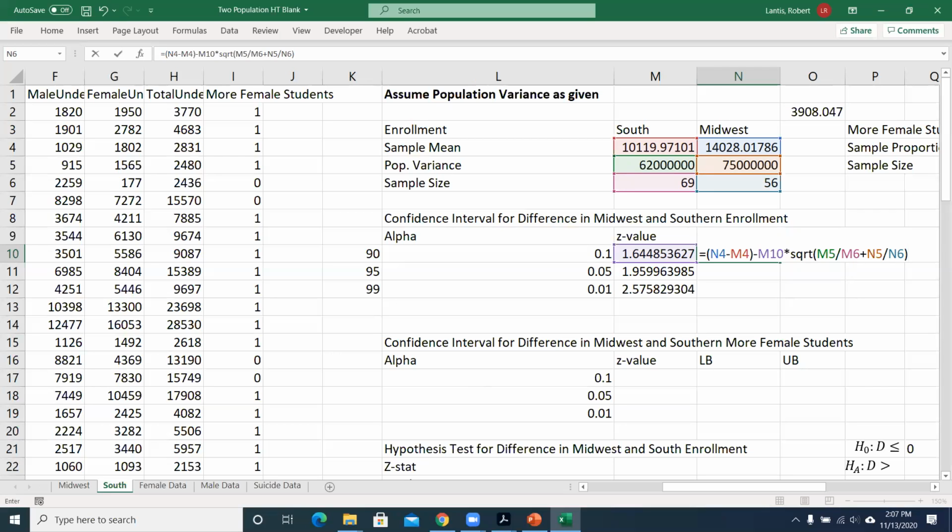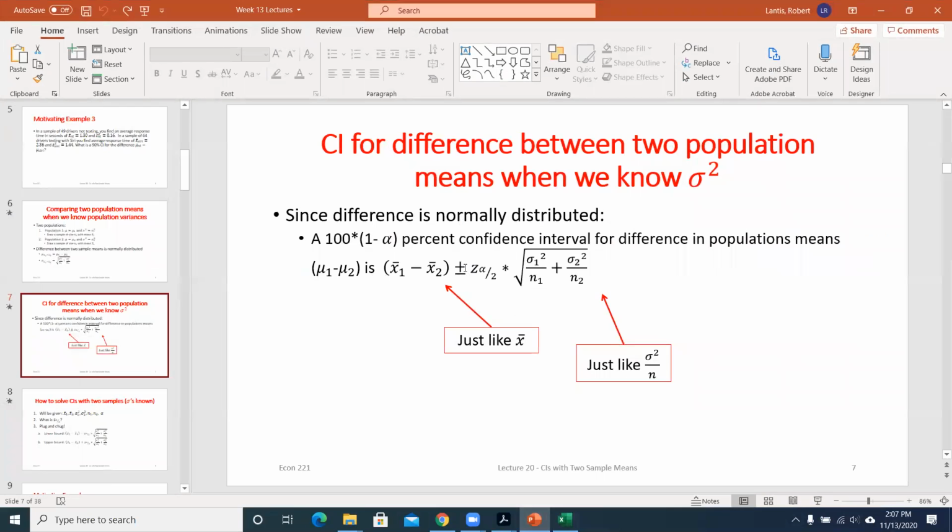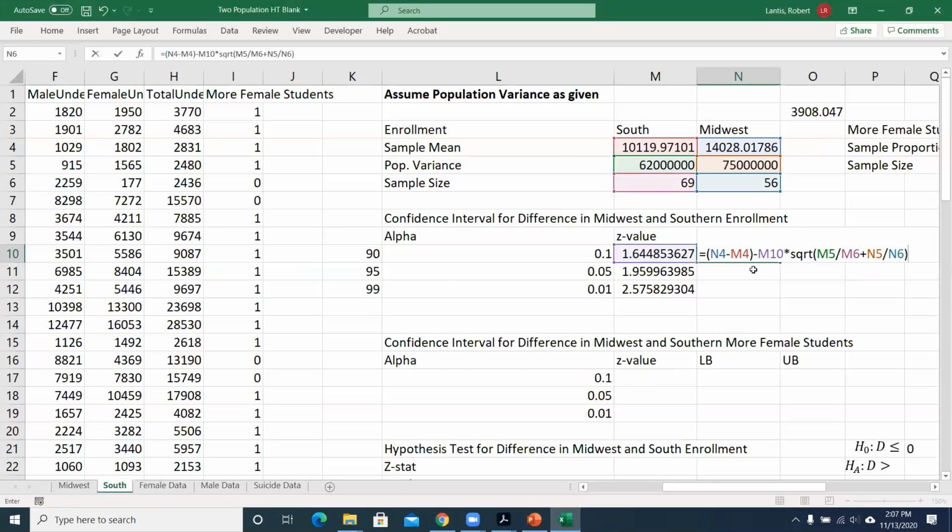So it was really just a matter of getting this equation entered into Excel once we use Excel to find those z values. Okay? But if we try to copy this down, the only thing we want to change are the z values. We're going to keep using the same sample means, same population variance, same sample sizes. So we need to freeze everything except for that cell reference for the z value.